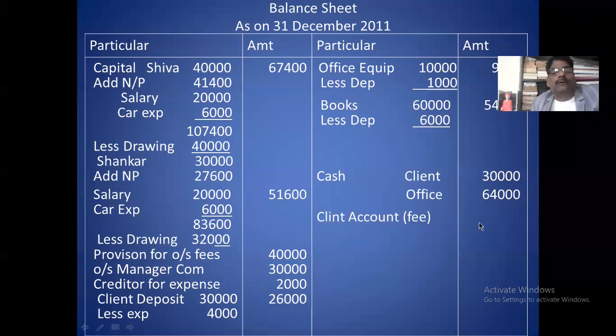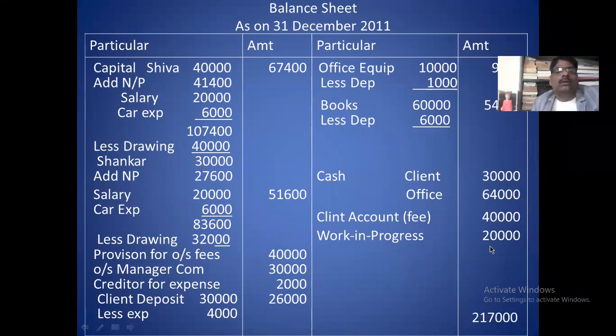Client account for fees, that means debtors, 40,000. Work in progress, closing work in progress, 20,000. Then take the total. The total is 2,17,000. This is problem number 4. Clear.